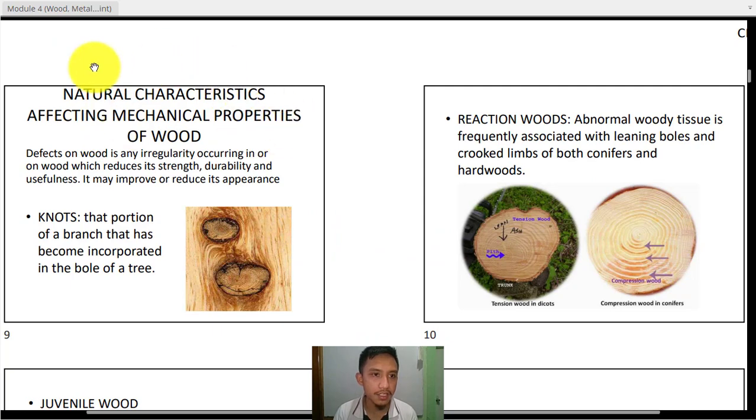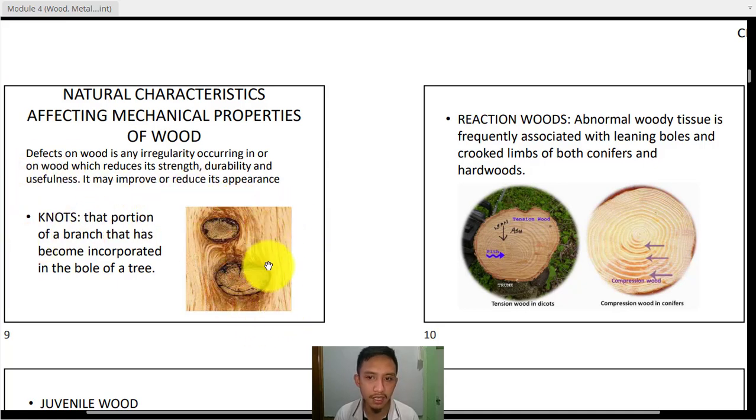So, natural characteristics affecting mechanical properties. The reason why we are not commonly using wood as a main structural member is that the property of wood is not that predictable, because of these characteristics that affect the strength or the mechanical properties of the wood. These are just some, but there are a lot actually. One is the knots.